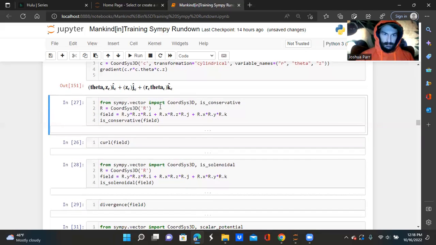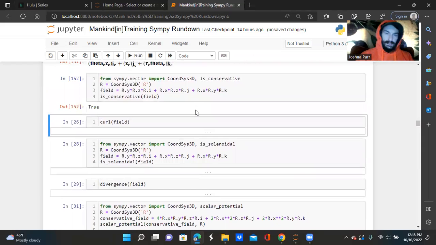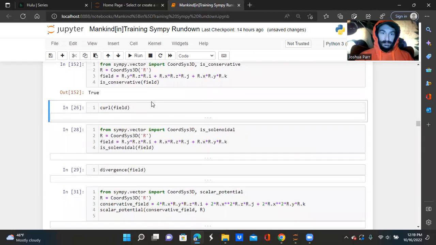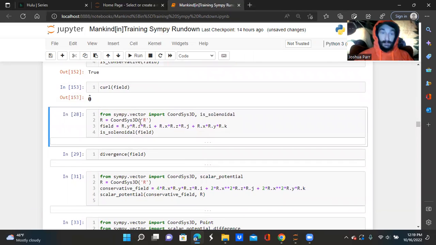So now if I want to ask if this field that I just created here is conservative, it will give me a Boolean, and it says that this is indeed conservative in a 3D coordinate system. So if I want to curl that field, you get the curl of the field is 0 hat.